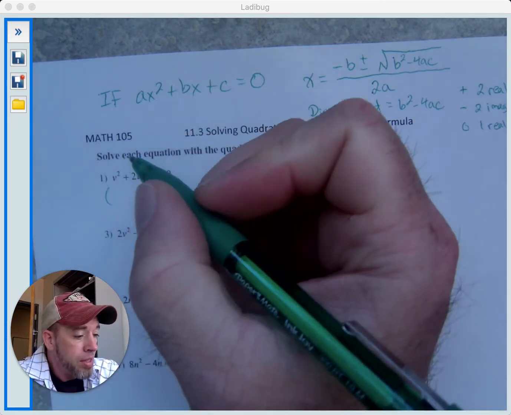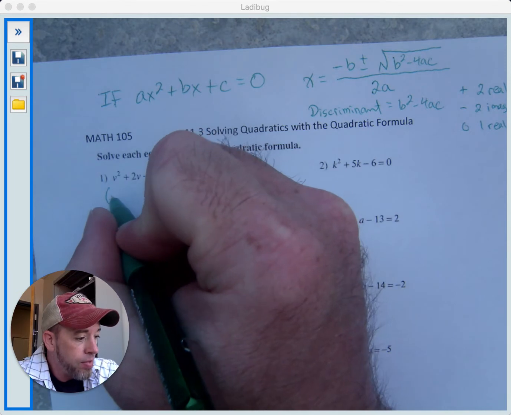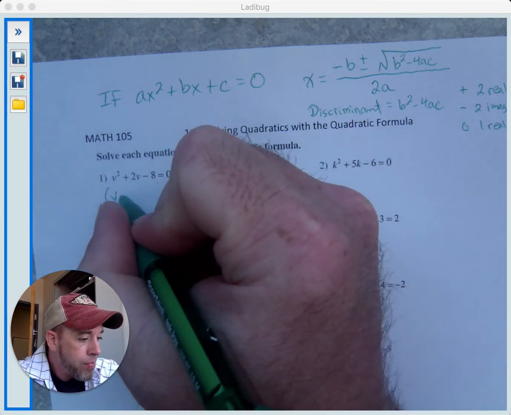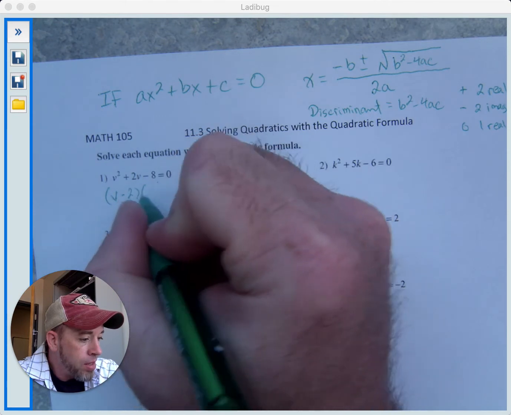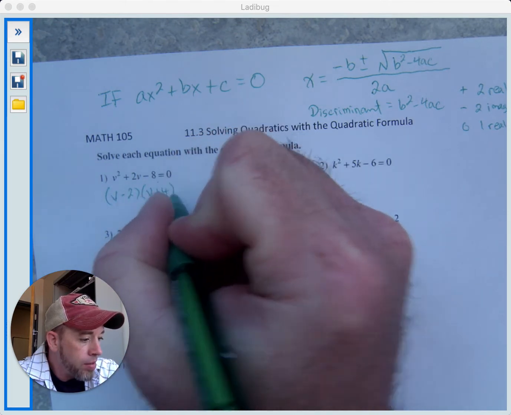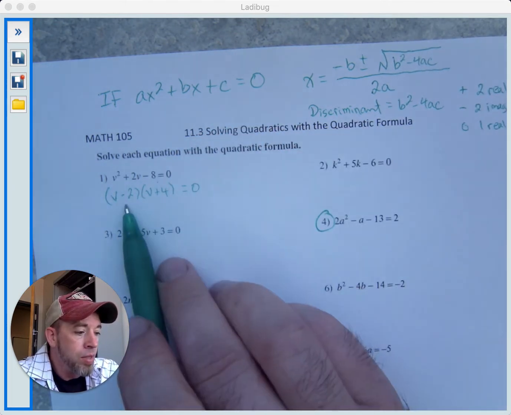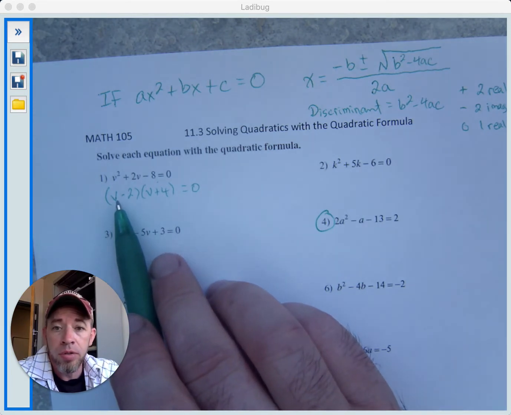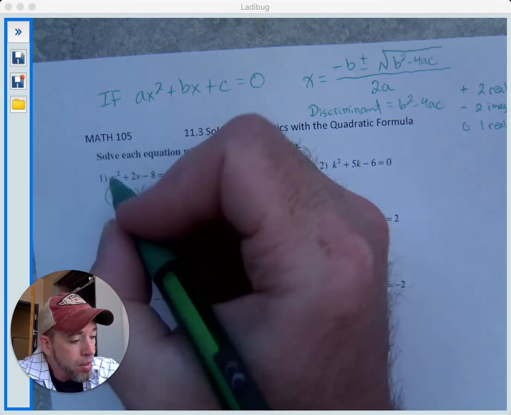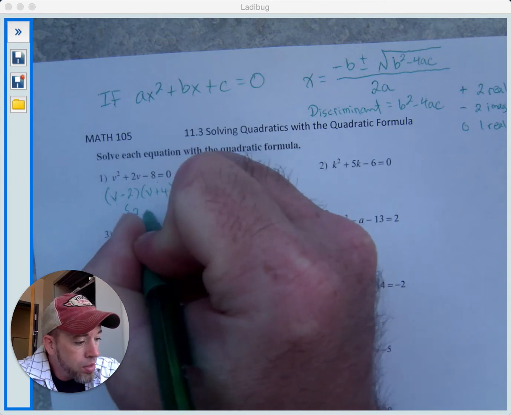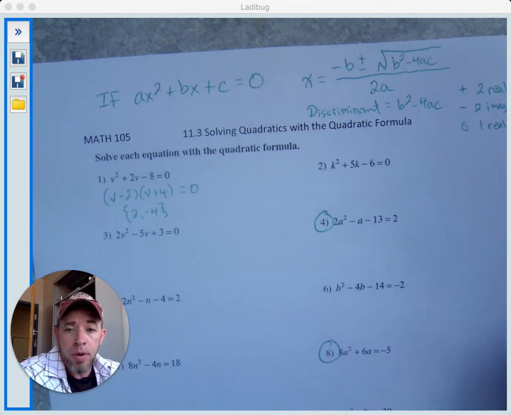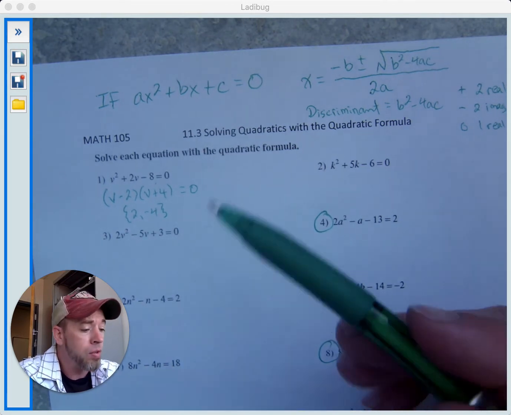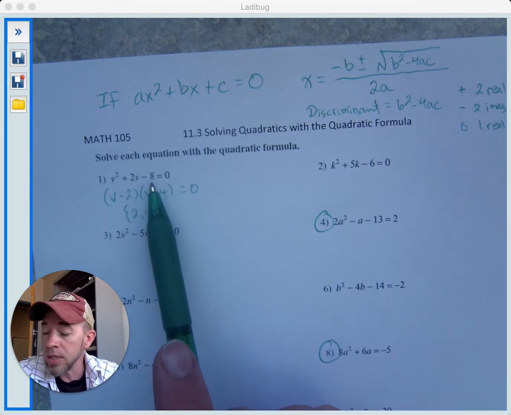And I would probably say, well, this is just v minus 2 and v plus 4 equals 0. And your solutions would be whatever make the factor 0: 2 and negative 4. So if it's easily factorable, I probably wouldn't use the quadratic formula. However, you could. If you wanted to, you could use the quadratic formula and you would get the exact same answers here.